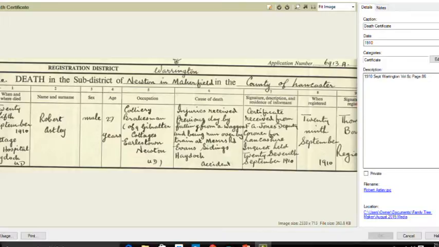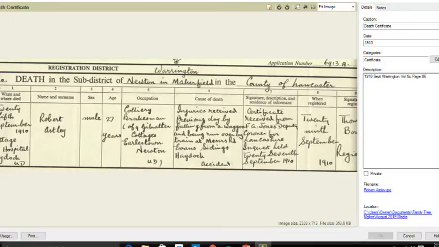Robert Astley died when he was 27 years old in 1910, and the cause of his death was shock and blood loss from an amputation of his arm, which was necessitated by an accident that happened in the railway sidings of a colliery.